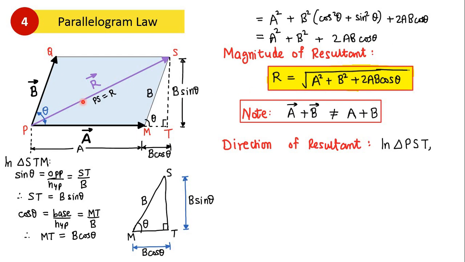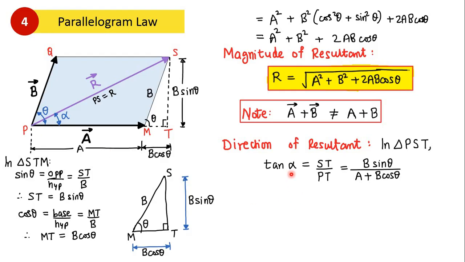Similarly, how can you find out the direction of this vector PS? Let us say that this vector PS, or the resultant vector R, makes an angle alpha with respect to the A vector. Let us find the value of this angle alpha. See, if you look at this right triangle PST, then we can say tan of alpha is equal to height upon base.